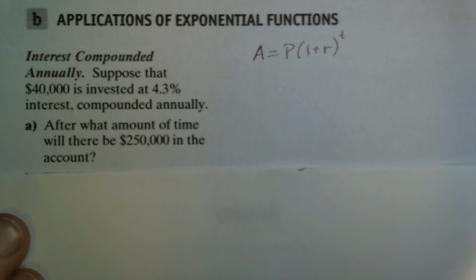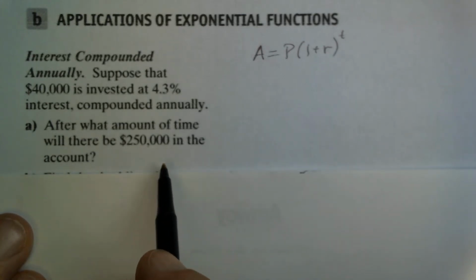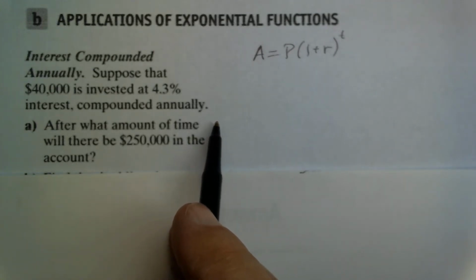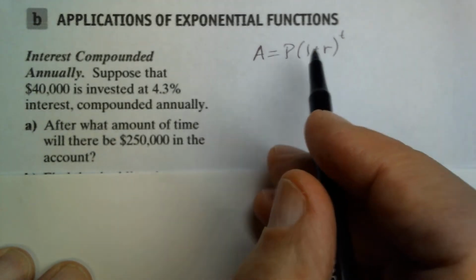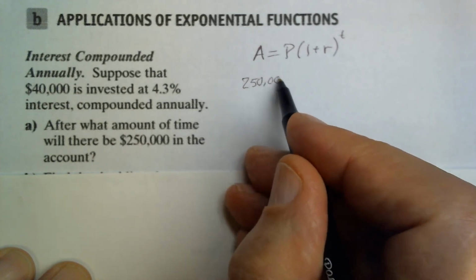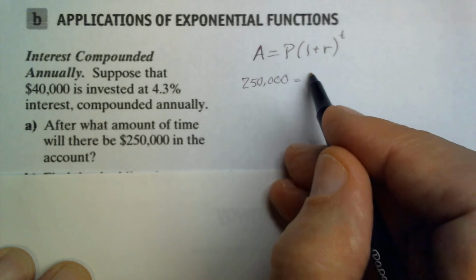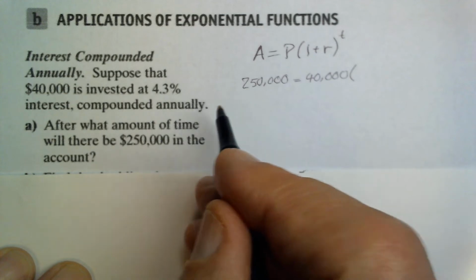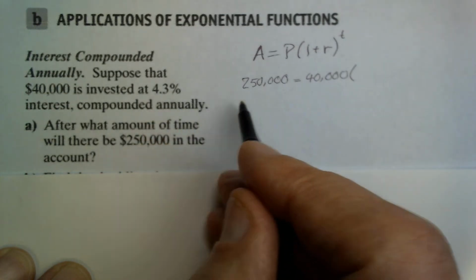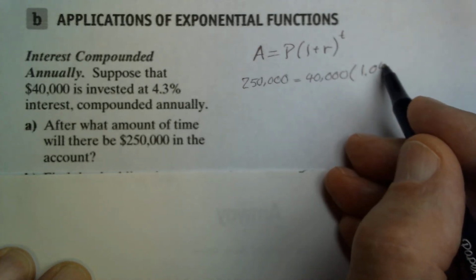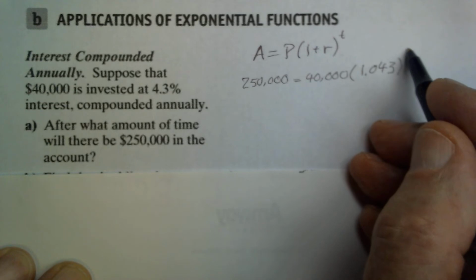Part A is, after what amount of time will there be $250,000 in the account? Here we're solving this formula for T. The future value is to be $250,000 from an investment of $40,000, and the interest rate is 4.3%, and 1 plus 4.3% is 1.043, raised to the T power.